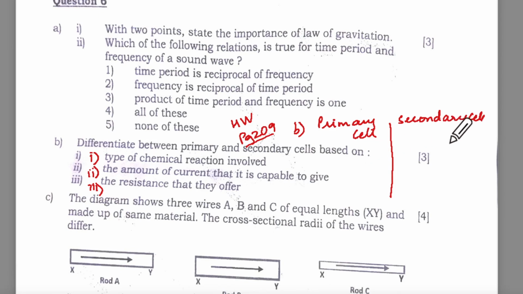Irreversible. And what is this here? Reversible. So did you write type of chemical reaction? And here under this you wrote these points. And secondary means what? It is reversible, correct?